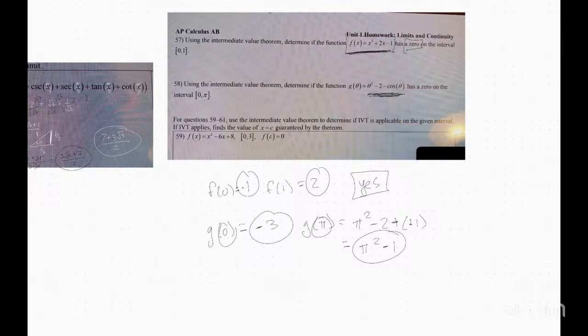And it is continuous. I can't imagine what values you can't plug in. If this was a tangent, you might have a problem because the tangent is undefined sometimes, right? So I would say this is yes as well. Okay. All right.